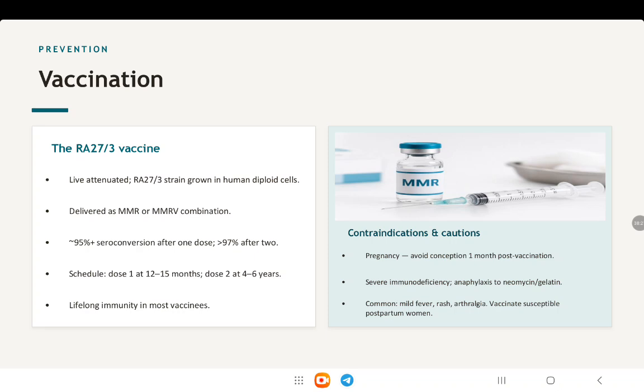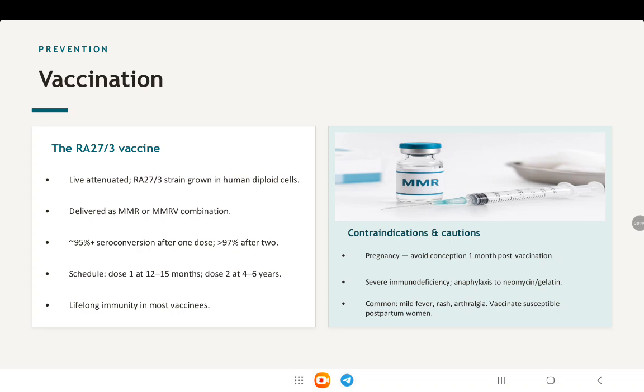One dose gives immunity to about 95% of people, and the second dose protects more than 97%. The first dose is given at 12 to 15 months of age, and the second dose at 4 to 6 years. Most people who get the vaccine develop lifelong immunity.